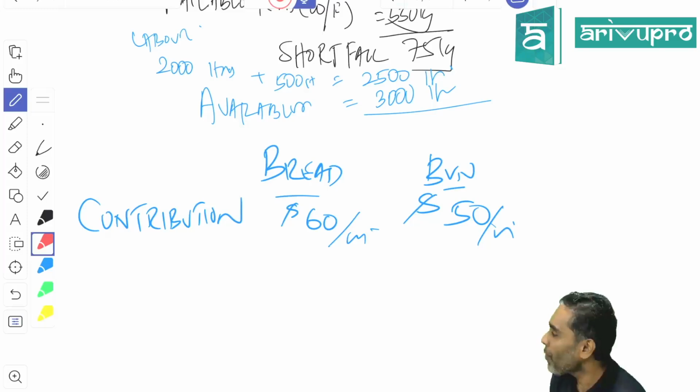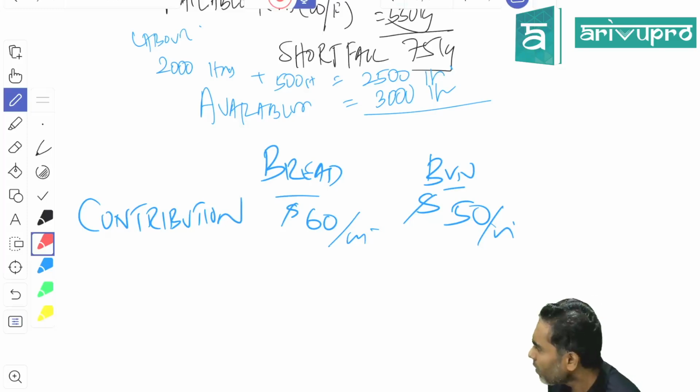You know the contribution is one part of profit. So for both products I have given the contribution: bread $60, bun $50. But what about the raw material per unit?